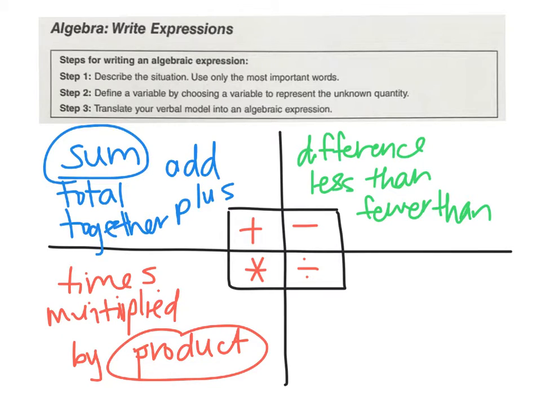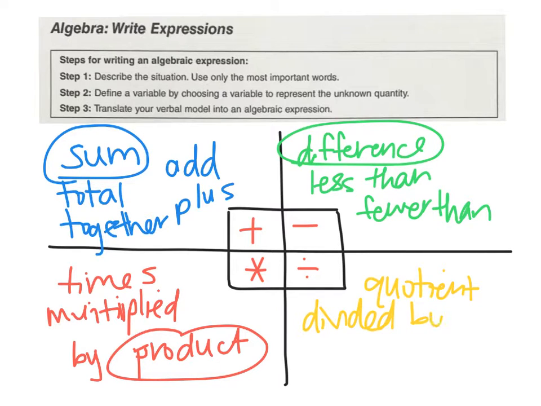Just like the word sum is your answer to an addition problem, the word difference is your answer to a subtraction problem. And then finally looking at division, you may see the word quotient. You might see the words divided by or split. Those types of words mean division.